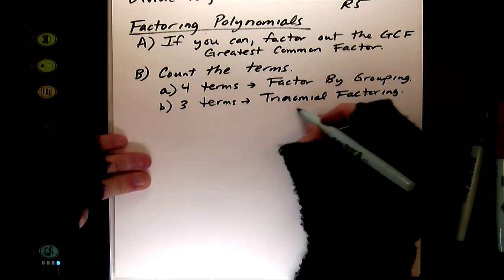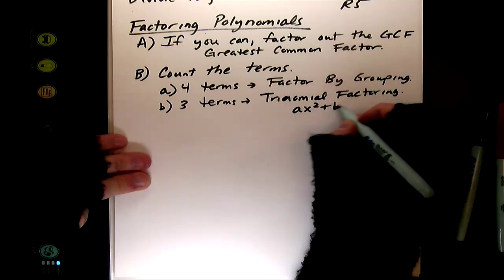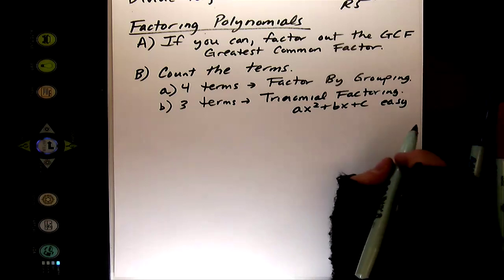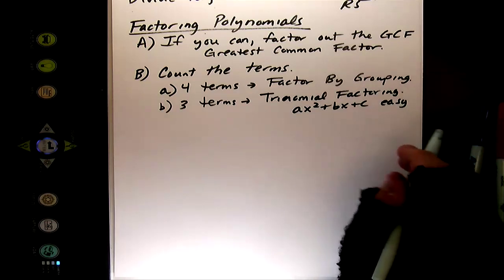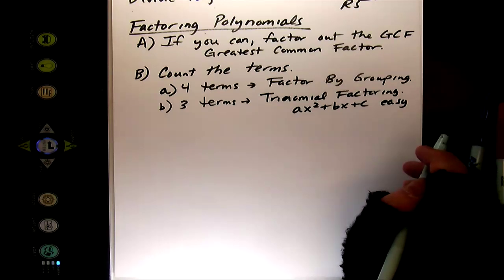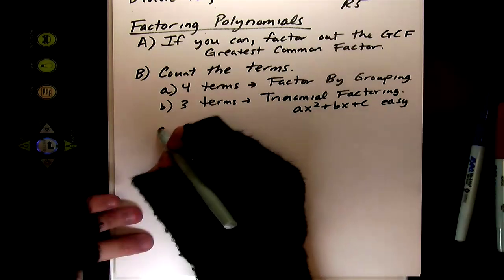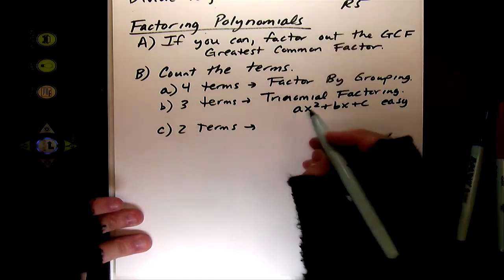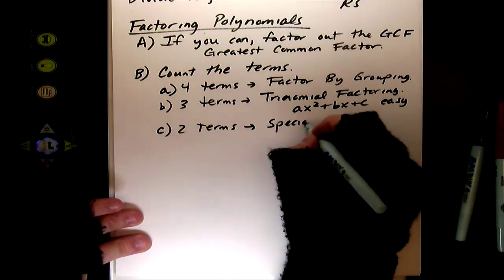You'll often see it look like something like this. That's the easiest form. And then 2 terms, we had a bunch of special formulas. Special binomial formulas.